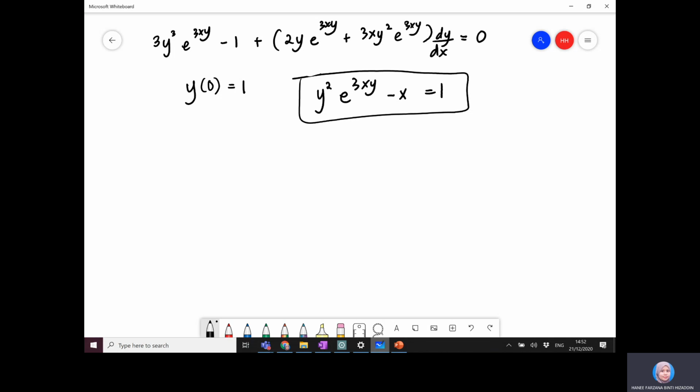Okay. So then, starting with that, we differentiate with respect to x. Differentiate y squared e^(3xy) with respect to x.